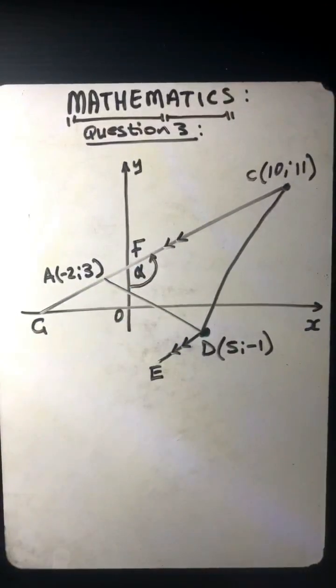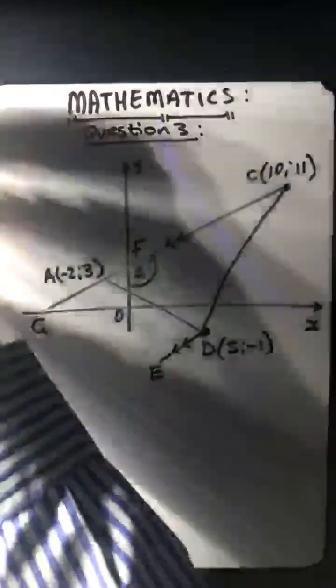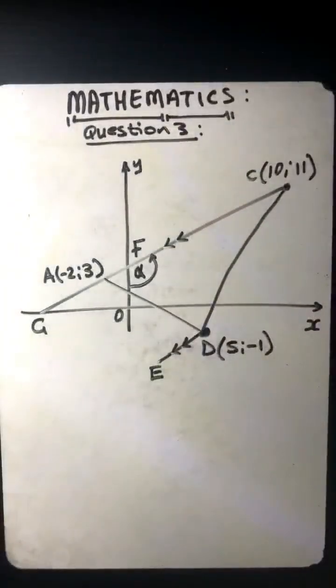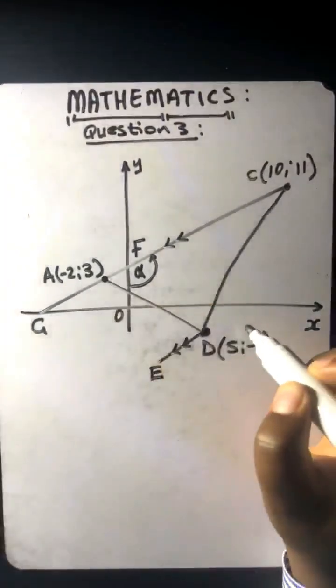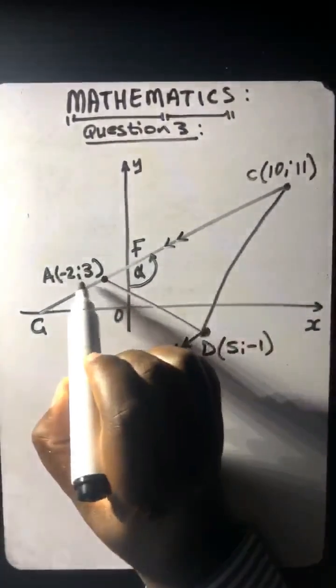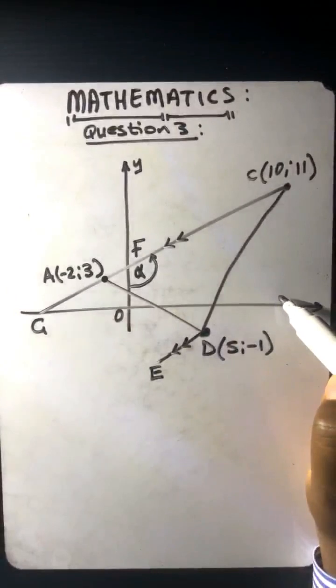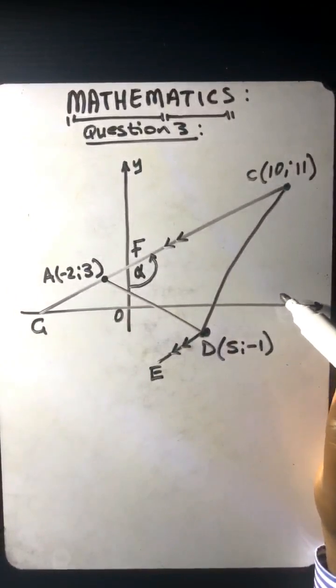So question number 3 of this question paper is what we will be looking at. The statement reads as follows. In the diagram, A, where is A? Let me get a black pen to locate A. Can you see? This is point A, where x is -2, y is 3. C being (10; 11). Where is C?